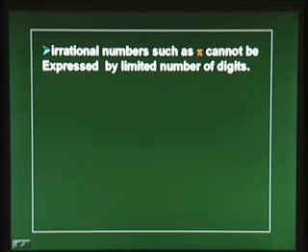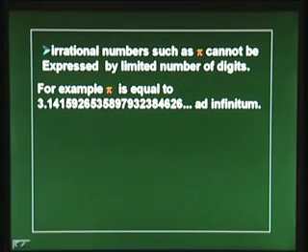And then the other thing is there are certain numbers like irrational numbers, which cannot be represented as a ratio of 2 integers. In that case, here I have taken pi as an example. We know pi is 3.14159, and you can go on with this. This series never ends.